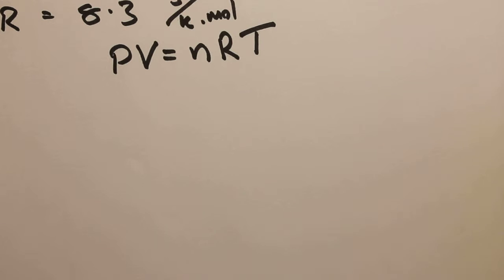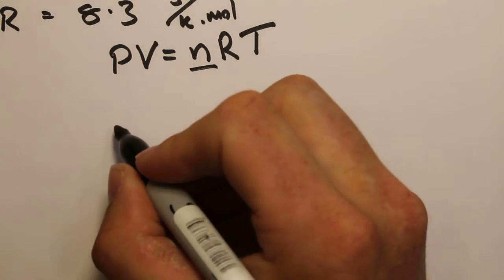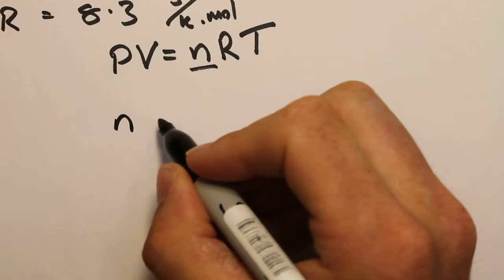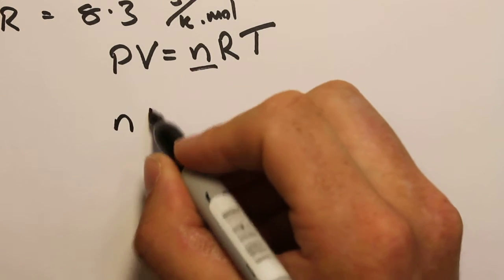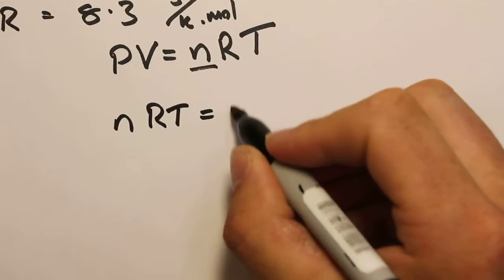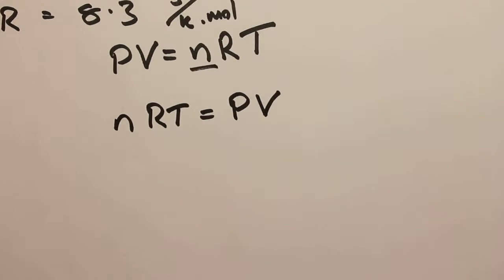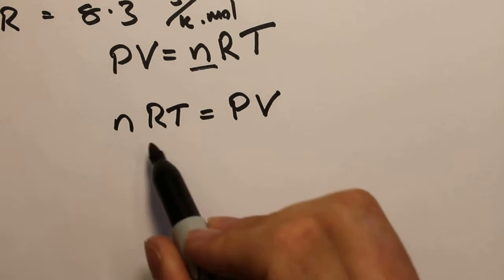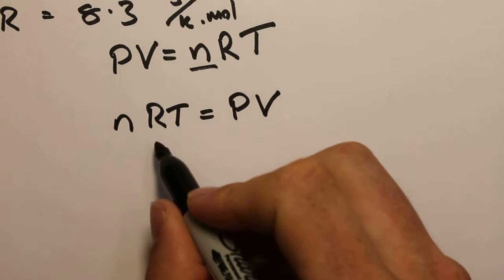So now we're looking for n, the number of moles. So we're going to rearrange for n. So nRT is equal to PV. I've just swapped that around. Now I'm going to divide both sides by RT to get n all by itself.